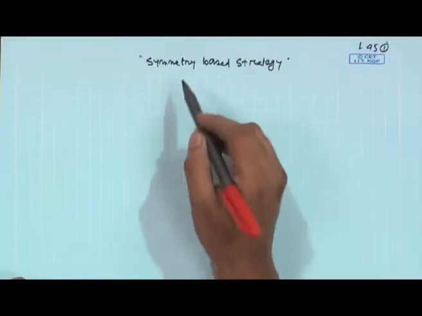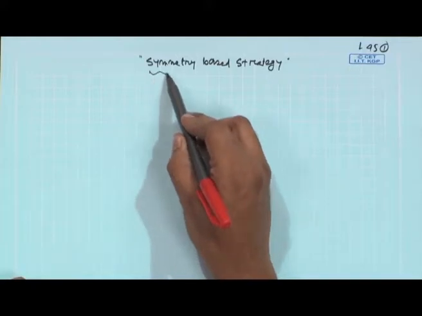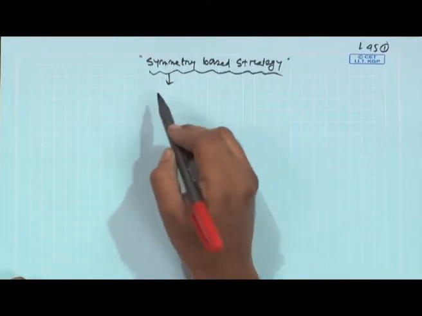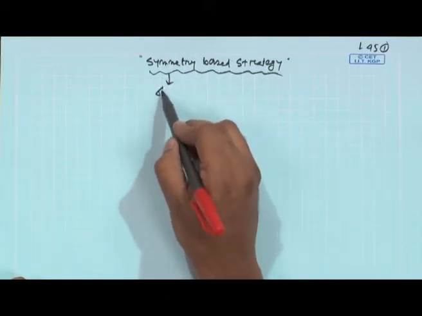So, welcome back students. In the last lecture we just started symmetry based strategies, and we said that when you are trying to disconnect a symmetrical molecule, mainly we are dealing with a symmetrical molecule which has a well defined sigma v.